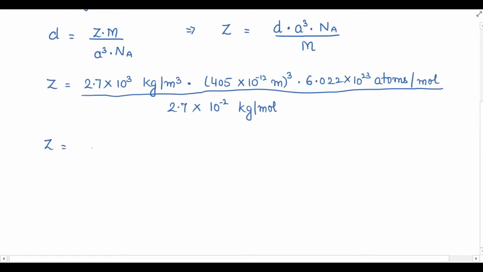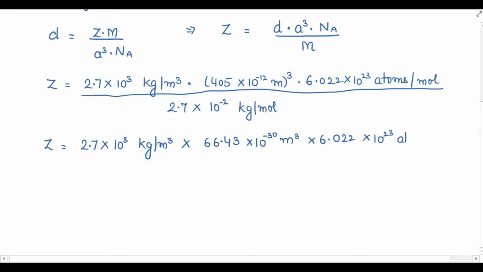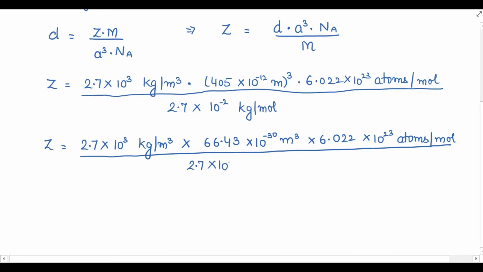So Z equals 2.7 × 10^3 kg per meter cube into the cube of this value, which will be 66.43 × 10^-30 meter cube, into 6.022 × 10^23 atoms per mole, divided by 2.7 × 10^-2 kg per mole.